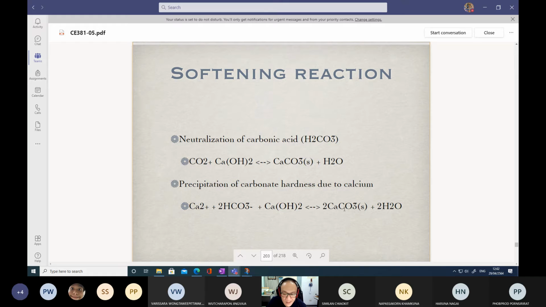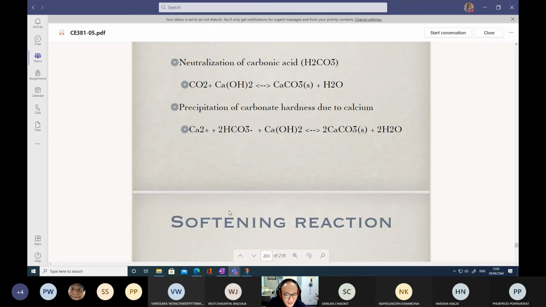The precipitate form of the calciums will be the product of these reactions along with water molecules. Here we can say that 1 mole of calciums requires 1 mole of lime to precipitate, to remove the calciums, to precipitate it as calcium carbonate. 1 mole of calciums requires 1 mole of lime. This one is already there.